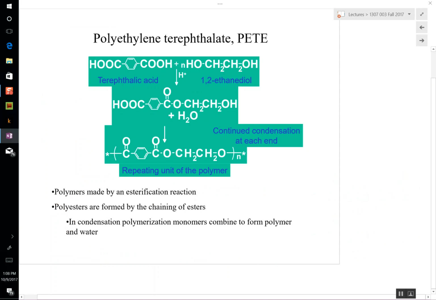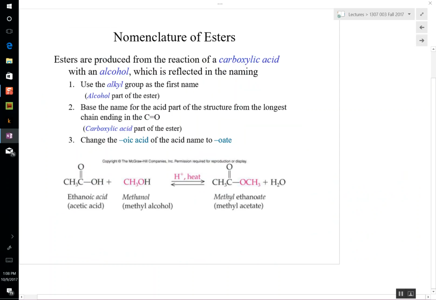Okay, let's see here. Naming. So there we have a 2-carbon carboxylic acid reacting with a 1-carbon alcohol, methyl alcohol. And what are we getting?